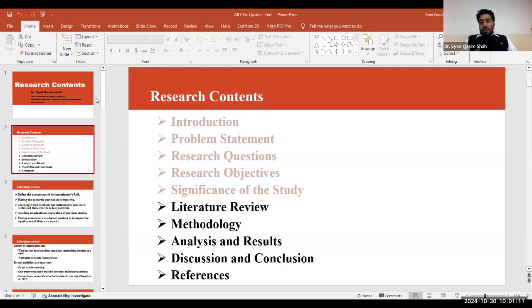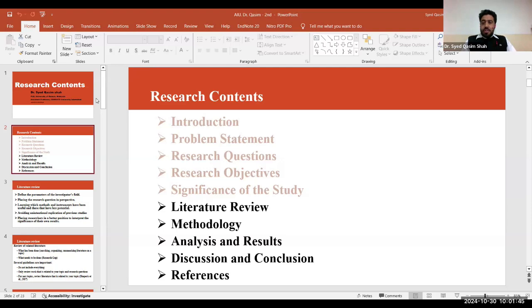Now, today is a continuation of our previous class. The main areas we are going to talk about are literature review, methodology, analysis and results, discussion and conclusion, and references. One important thing: all the contents of research are equally important.